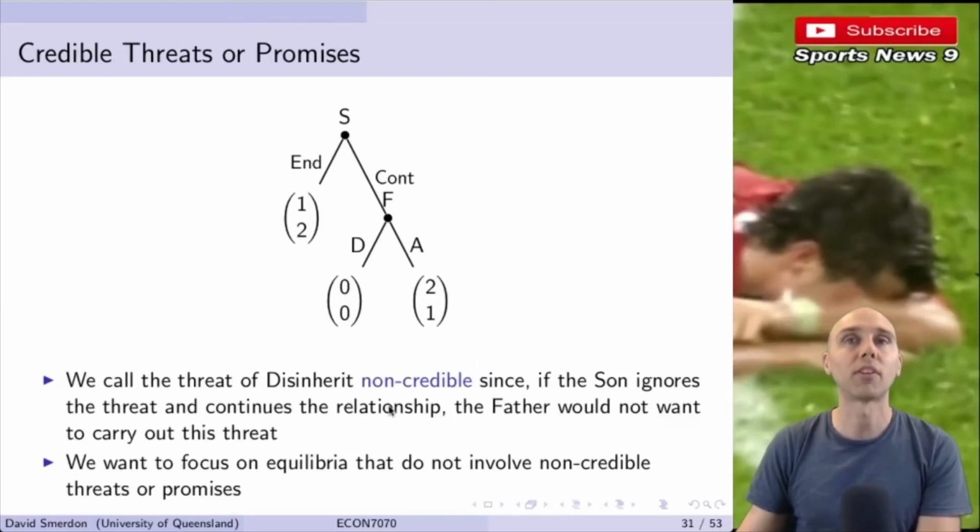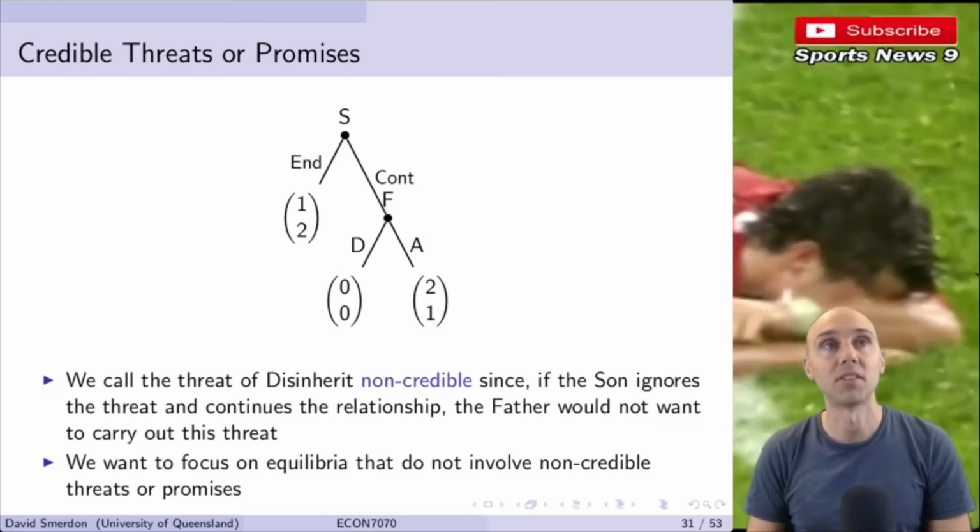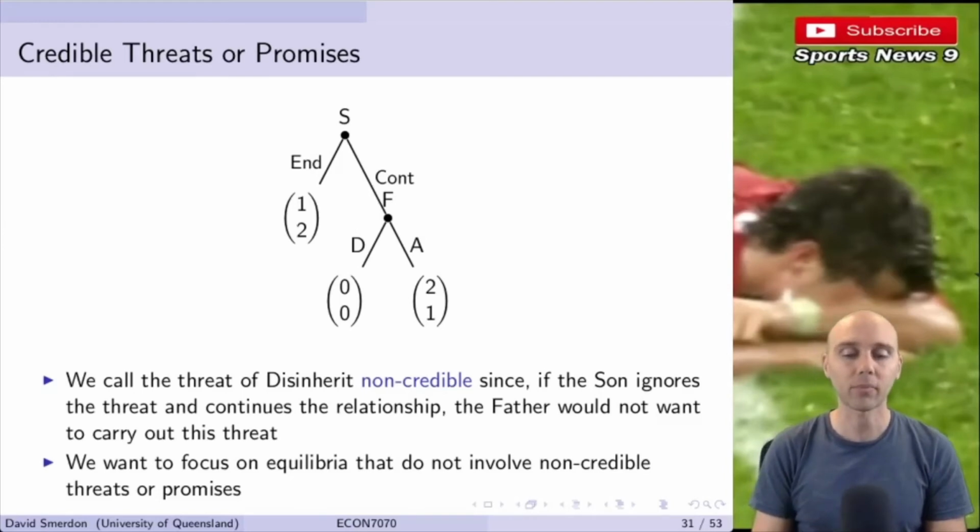So we call the threat of disinheriting in this case non-credible. And what that means is that if the son ignores the threat and continues the relationship, the father's not going to follow through on his threat. And we really want to narrow down our Nash equilibria and just focus on those that do not involve these bluffs or non-credible threats and promises.